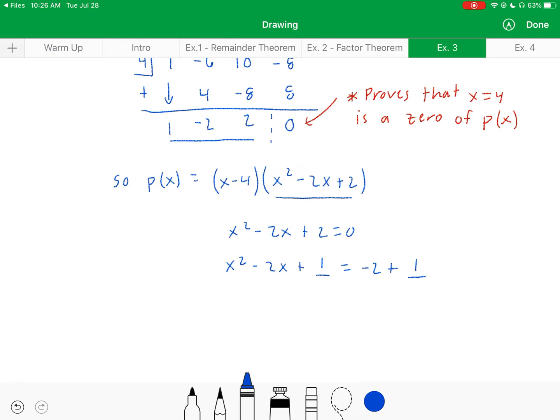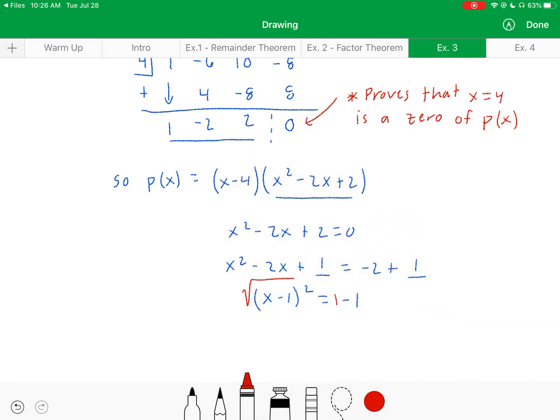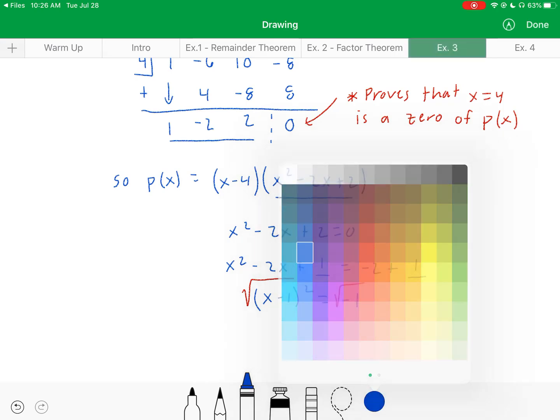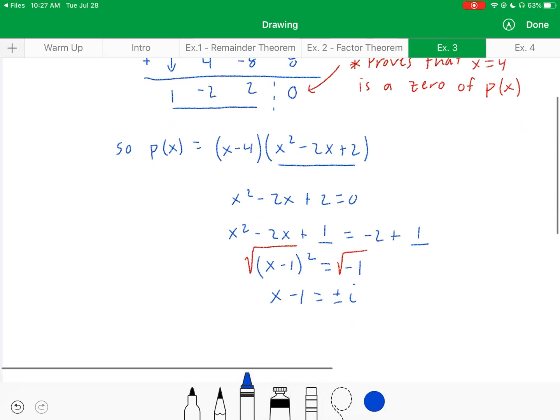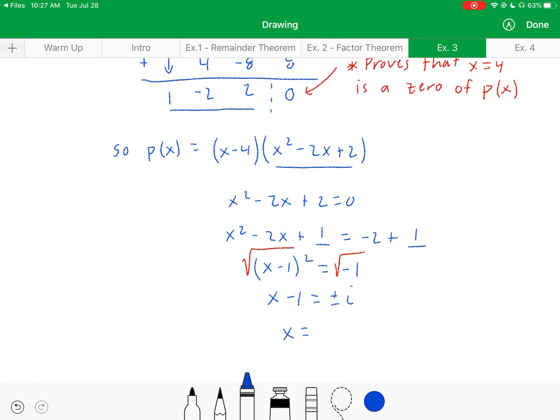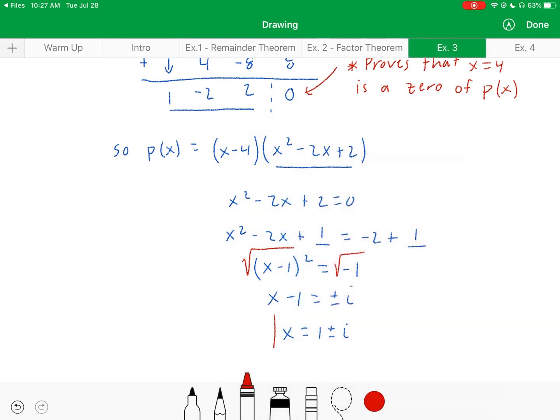Square it, you get 1. Factor. And I'm going to use the square root property here. X minus 1 is equal to plus or minus i. And looks like my final two zeros are complex zeros. Okay.